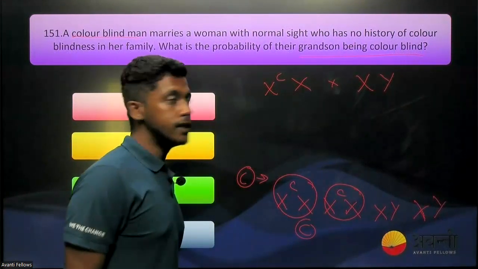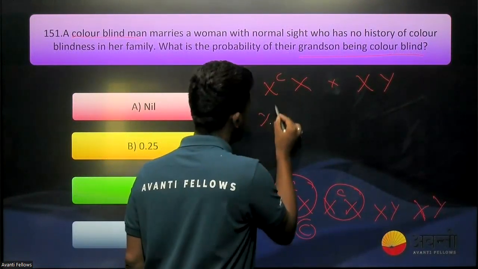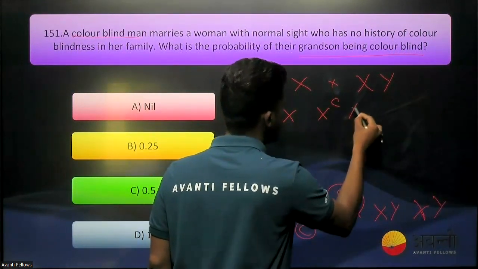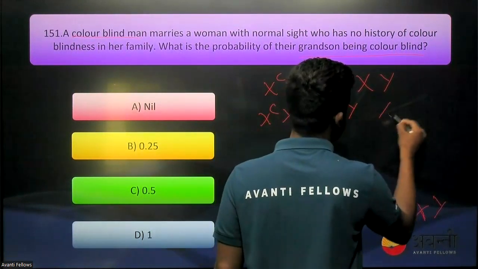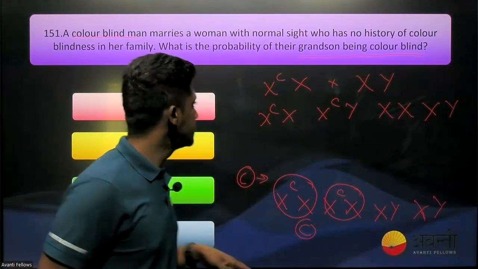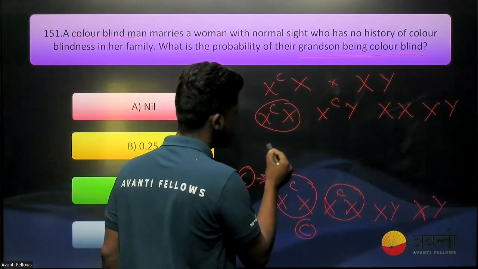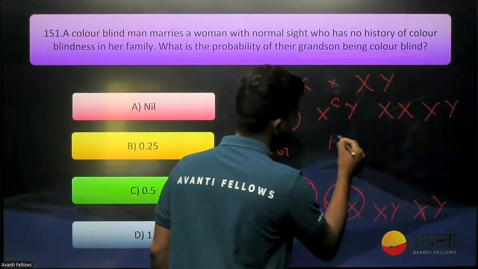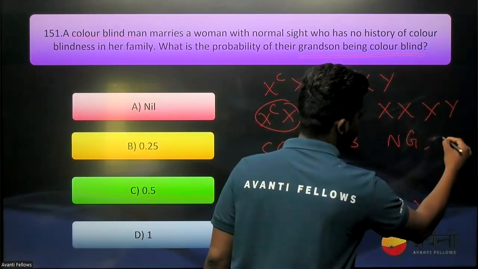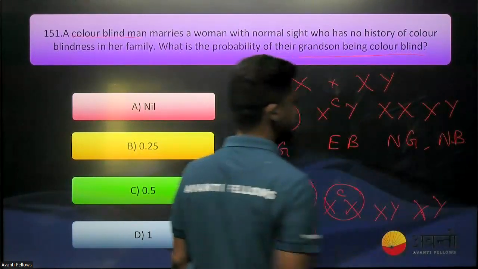So what happens between them? We have X^C X, we have X^C Y, and then we have XX, and then we have XY. So this is the next generation, isn't it? We have a carrier girl, an affected boy, a normal girl, and a normal boy.